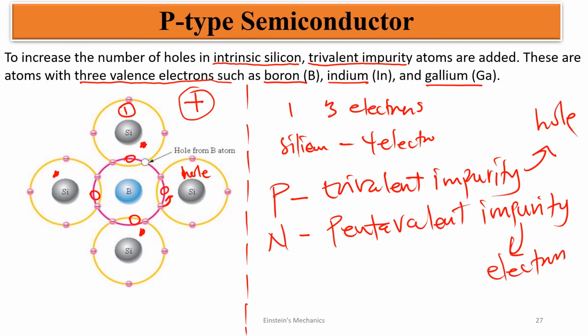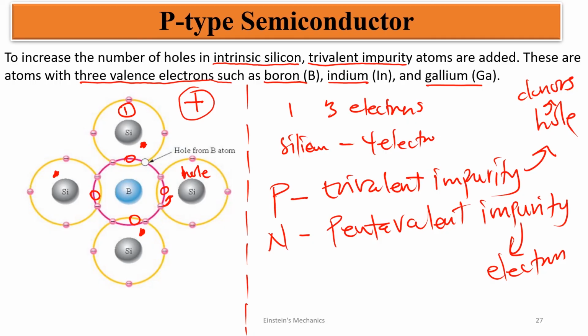Are we good? So mostly what we call the pentavalent, we call them as what? Donors. We mostly call them donors because they are going to donate an electron into the conducting band. But the trivalents, leaving the hole, we are going to call them acceptors.